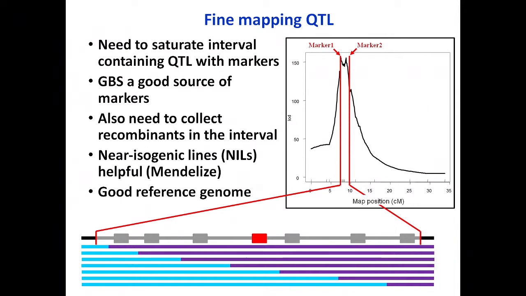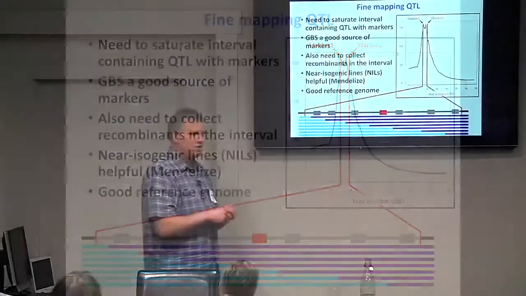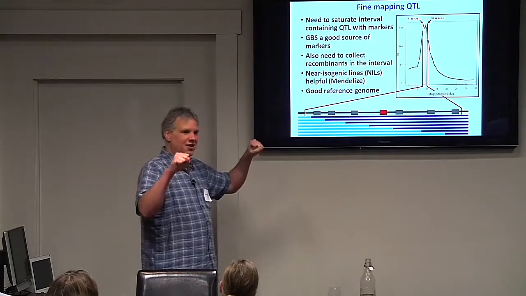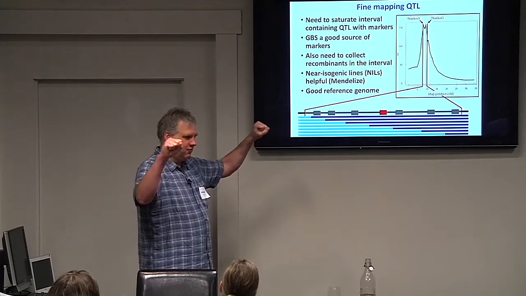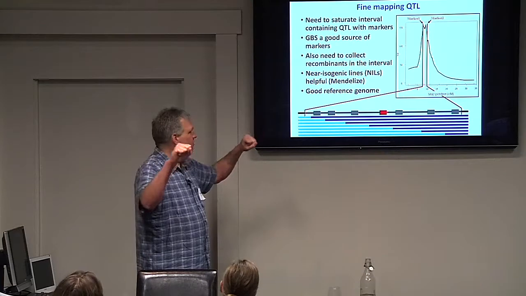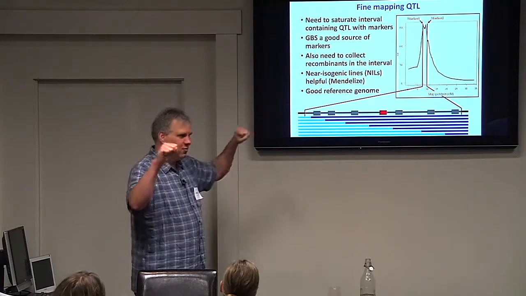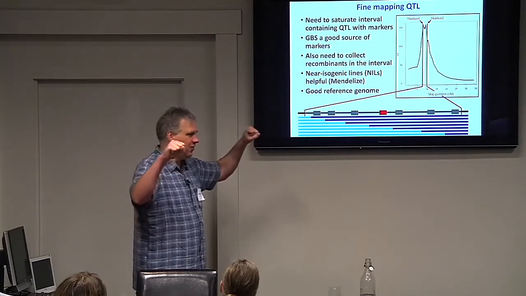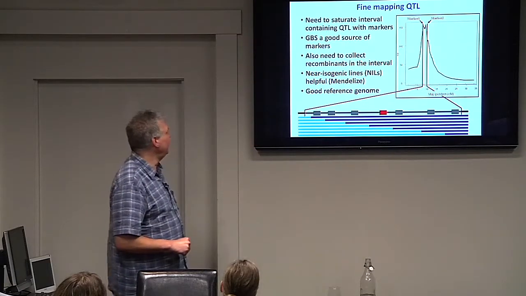GBS is a really good source of markers that you can quickly do that with. But you also need to collect recombinants in the interval. So you might start with taking a couple of GBS markers, converting them to a PCR assay, and using those flanking your region, and then start generating recombinants and use those markers to say, are there recombinants in here? I don't know where they are yet, but I just want to collect a bunch of plants with recombinants.